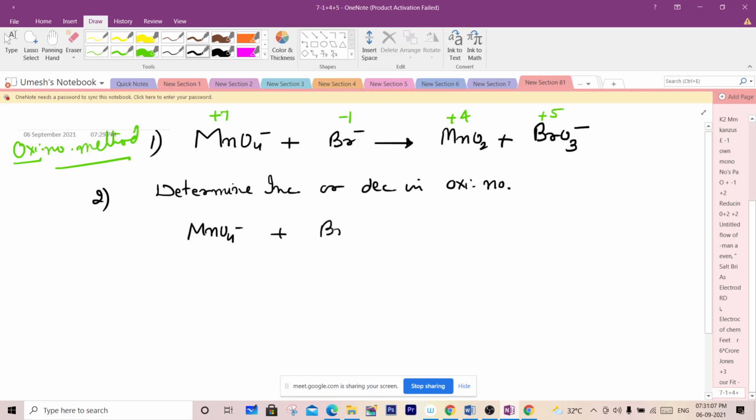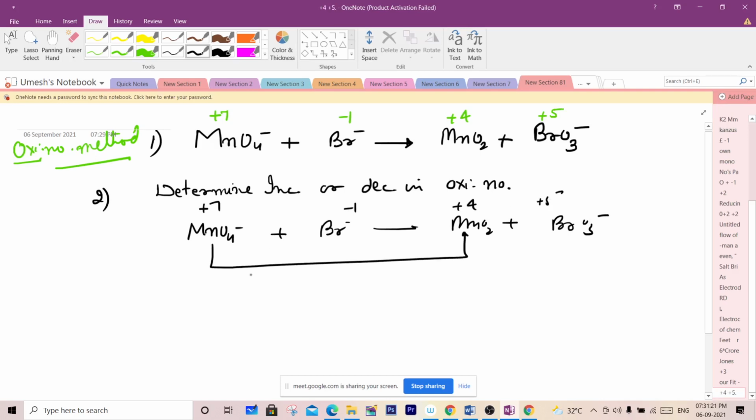First you write the same equation with plus 7, minus 1, plus 4, plus 5. Here the oxidation number decreases by 3. And here the oxidation number increases by 6, minus 1 to plus 5. Note down. This much note down, then I will go ahead with it.